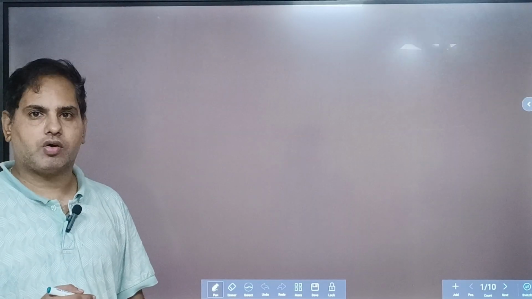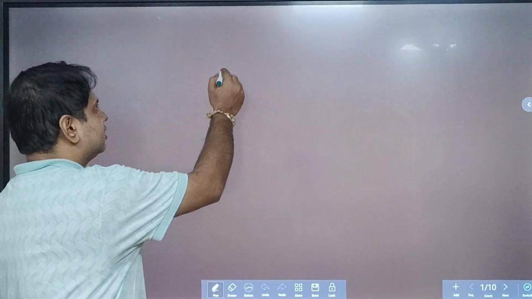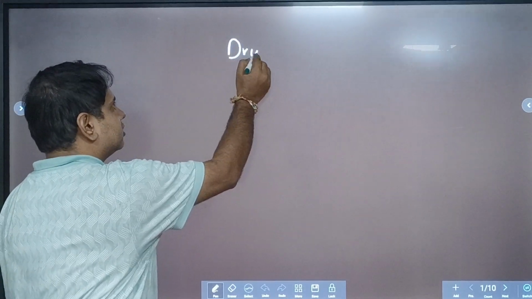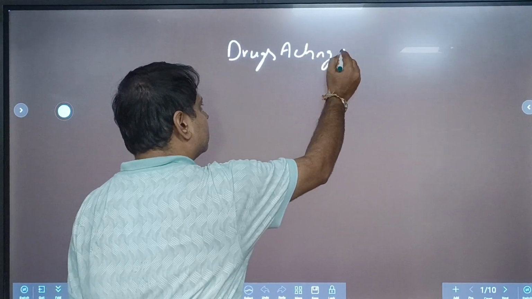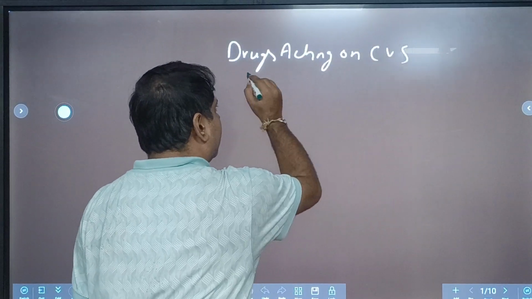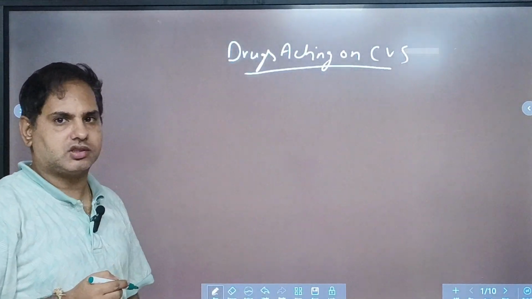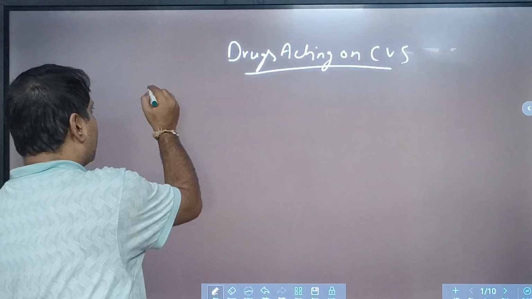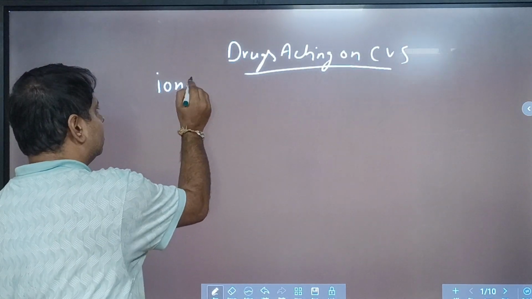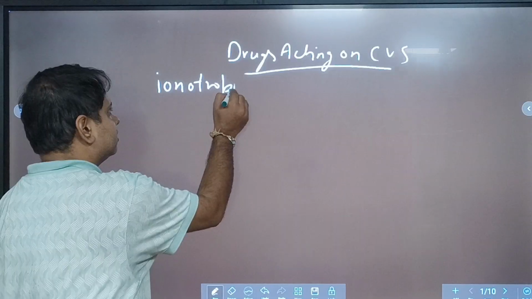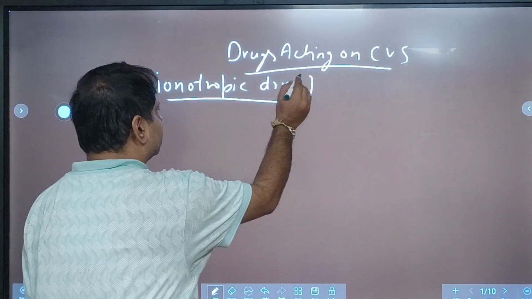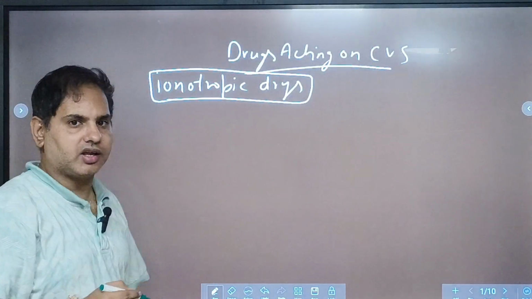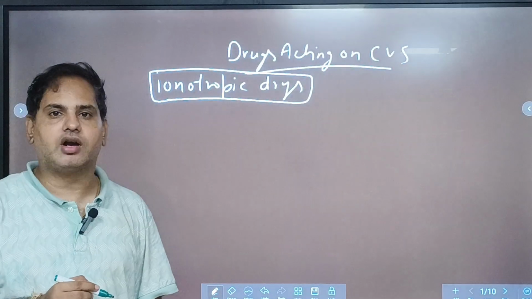So we are discussing drugs acting on the cardiovascular system. Under drugs acting on cardiovascular systems, we have already covered ionotropic agents. These are the drugs which increase the force of contractions of the ventricles and are helpful in congestive heart failure.